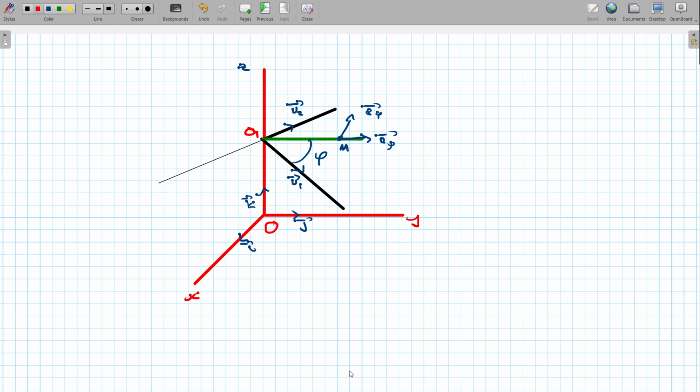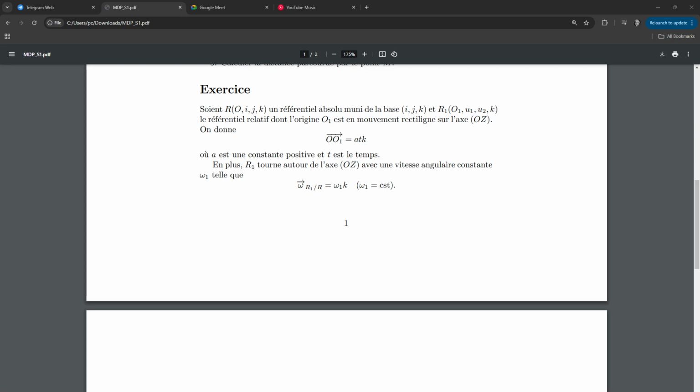Let's now read the question as we are looking at this diagram. So let me shift my screen. So that's our question. Let's read the question.